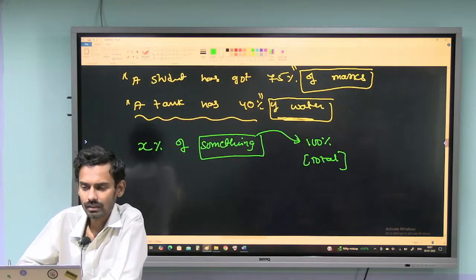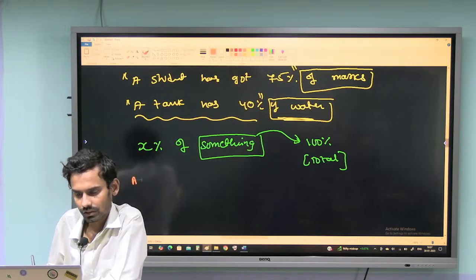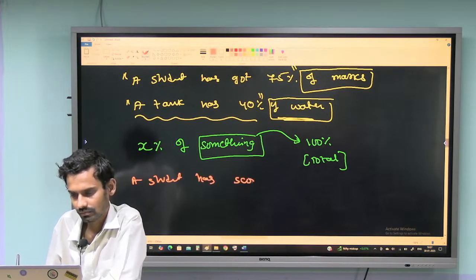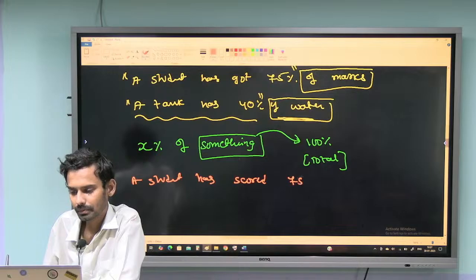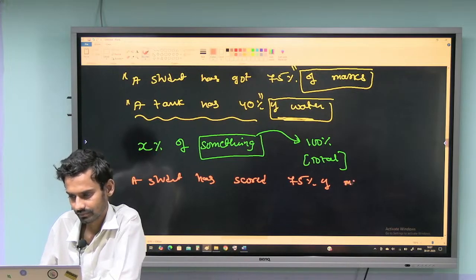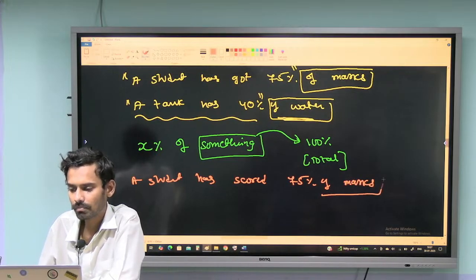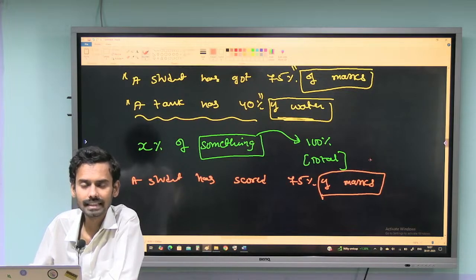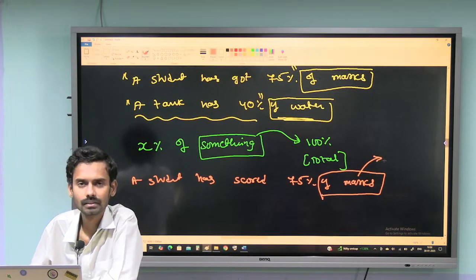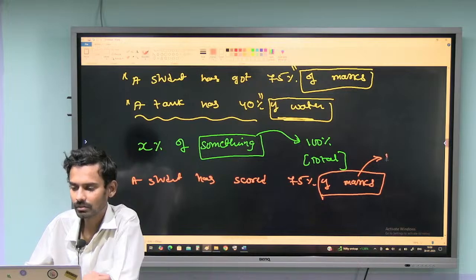For example, if I say a student has scored 75% of marks, of what marks? Is he getting 75% of total marks? So by default, these marks will be total marks.